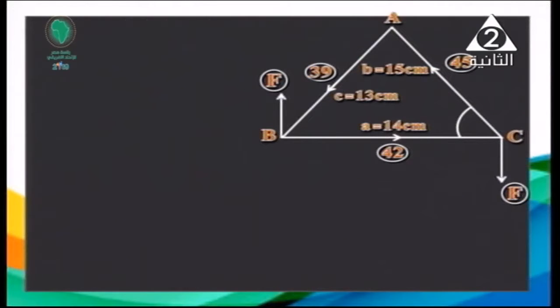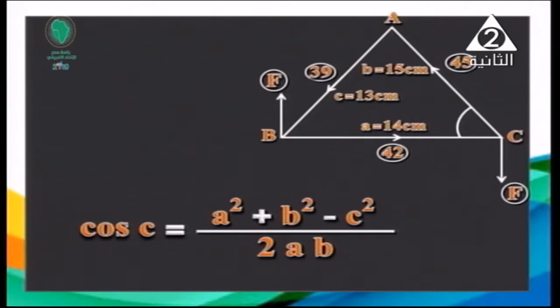Look at triangle ABC. Cosine C, by using the rule from the secondary year or from last year, equals A squared plus B squared minus C squared over 2AB.